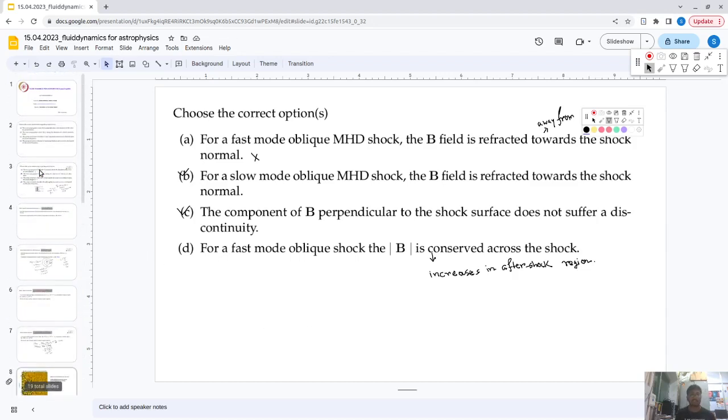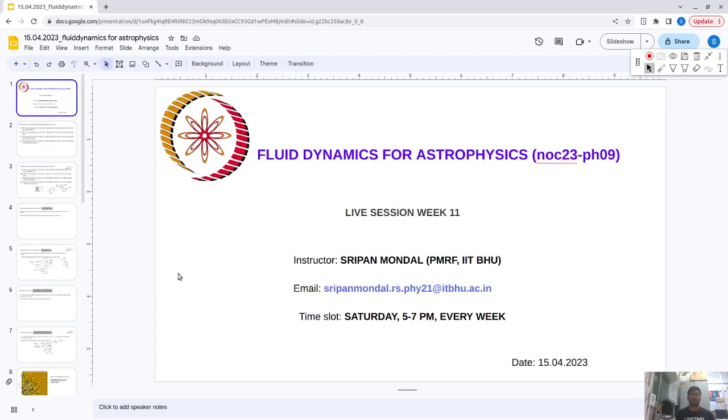So in today's class, what we have discussed is about waves, and then we moved on to MHD shocks. So we started the MHD, and then we discussed the basics. Now coming to the perturbations which are small in amplitude, that gives rise to some wave phenomena, right?